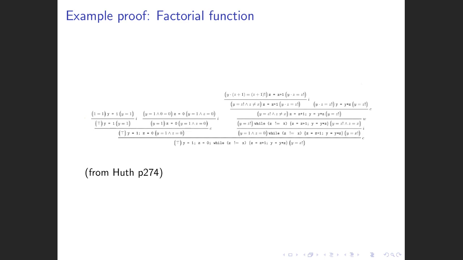So the rule of assignment, I think, lets us write this down. We've made z equal to 0, so therefore we can add that fact to the postcondition sitting over there. So again, as a human, that is probably self-evident.